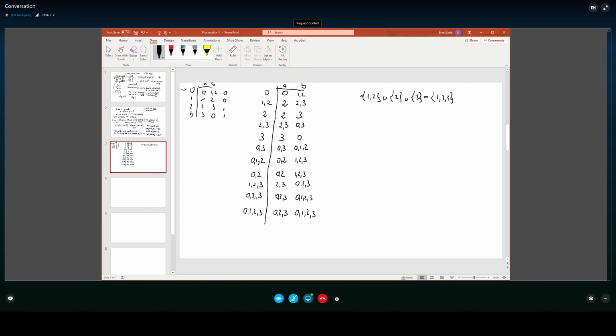It has to terminate because each line corresponds to a subset of the set of states. In this case, of course, the set of states is 0, 1, 2, 3. And each of these is a subset. This happens to be the full set. And so we have 1, 2, 3, 4, 5, 6, 7, 8, 9, 10, 11 of the 16 possible subsets of the set of states 0, 1, 2, 3.